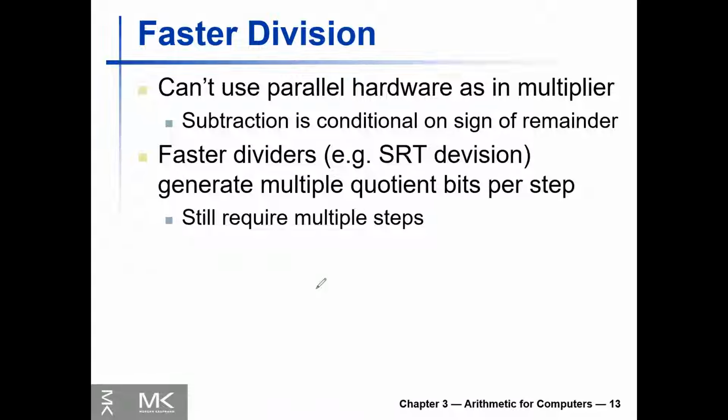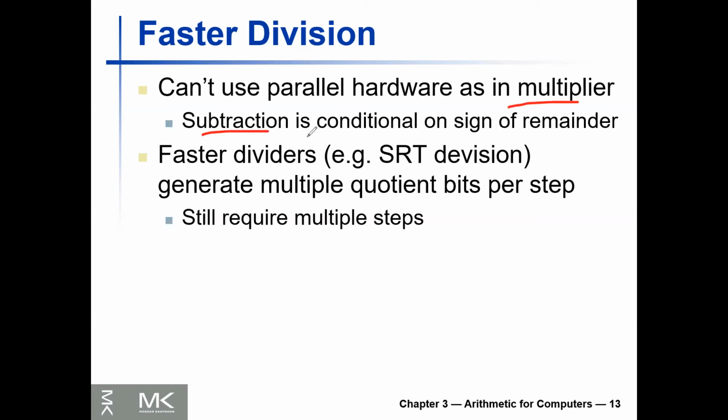Then we restore it. That's why we cannot have a fast division which we can perform with multiple adders which can add individual bits together. So can't use a parallel hardware as a multiplier.